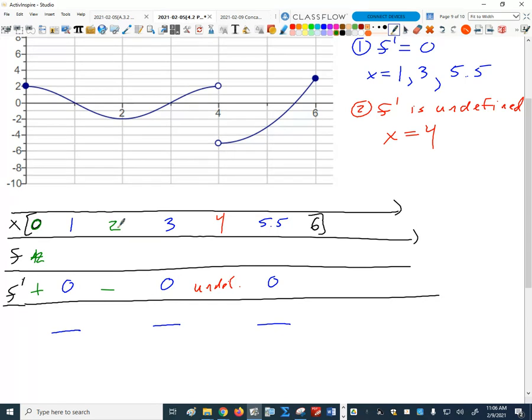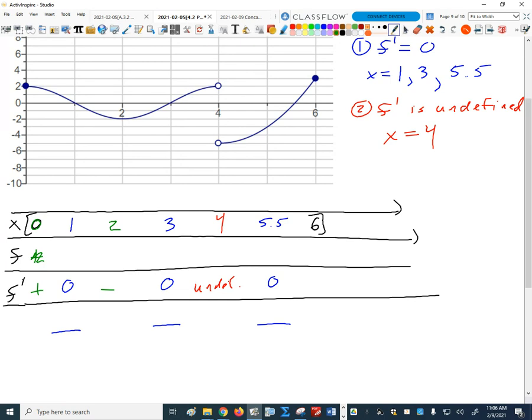So we've already got one on the left at 2. What's a good test value above 3? Okay, I see some people. I saw 3.5. I saw a 4 too.